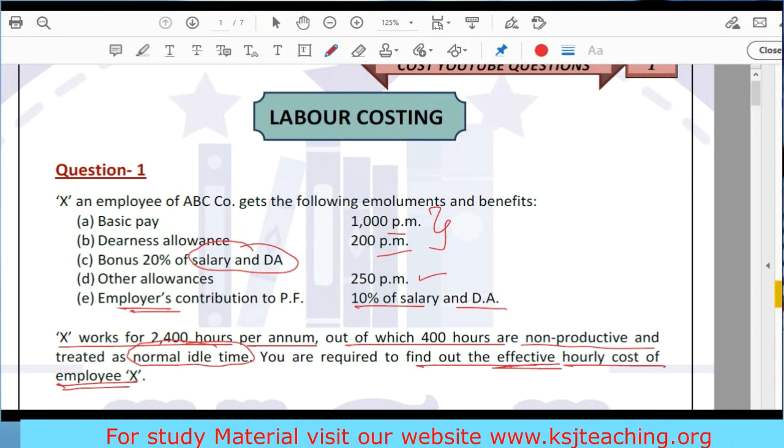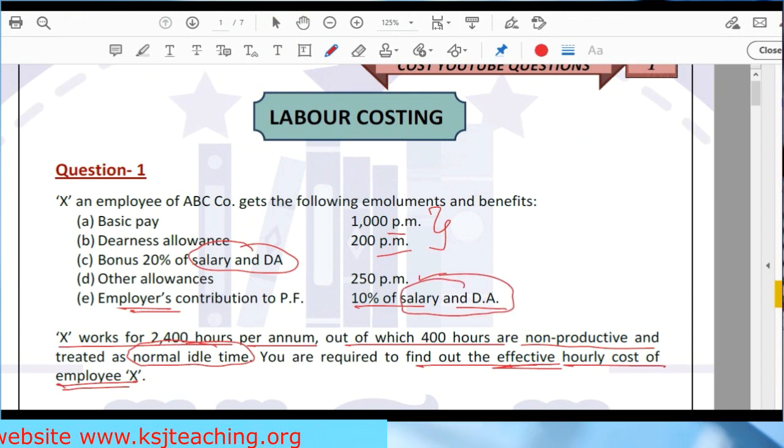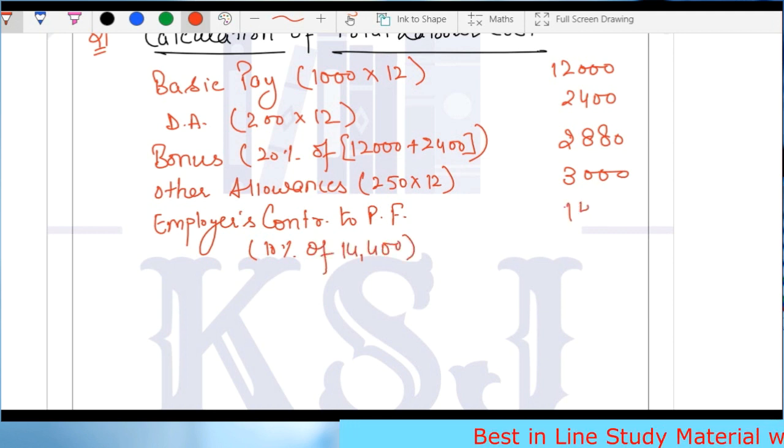How much? Employer's contribution to PF is 10% of salary and DA. Again, he says 10% of salary plus DA. So that means 10% of 14,400. Okay, this comes to 1440.